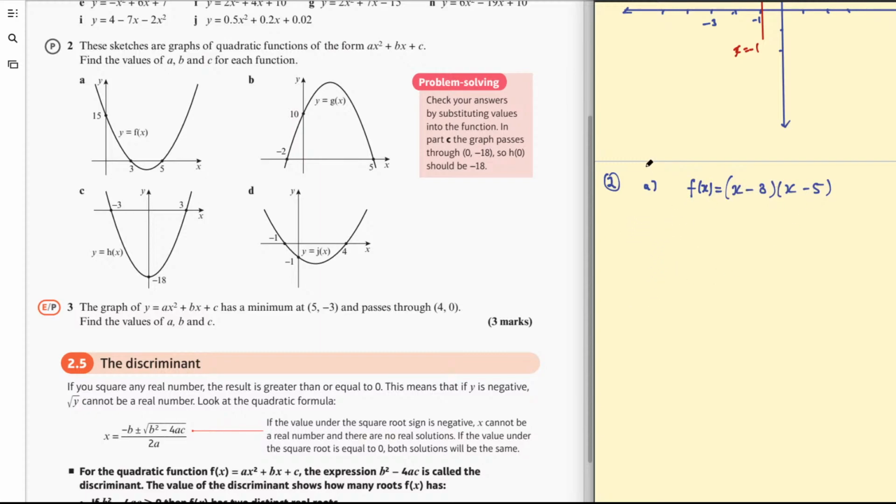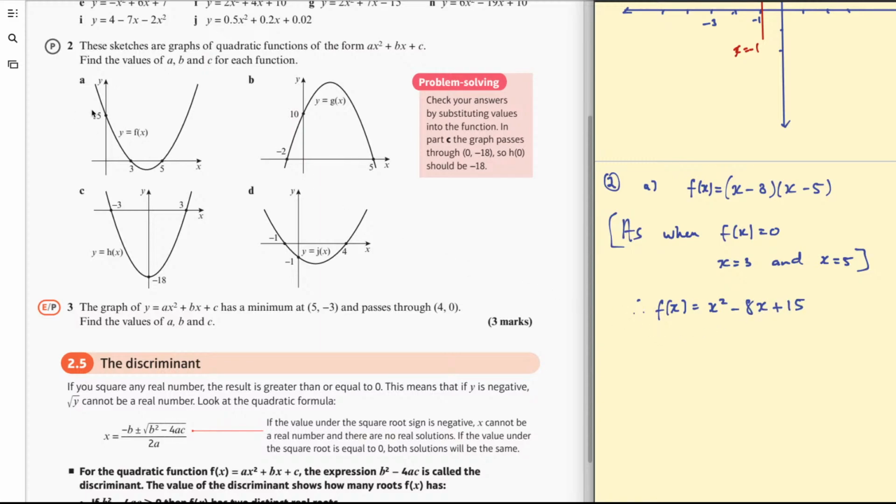And I'll just give some reasoning as when f of x equals 0, x equals 3, and x equals 5. So you can reverse that to say this, and then you could expand that out. So therefore f of x equals x squared take 8x plus 15.